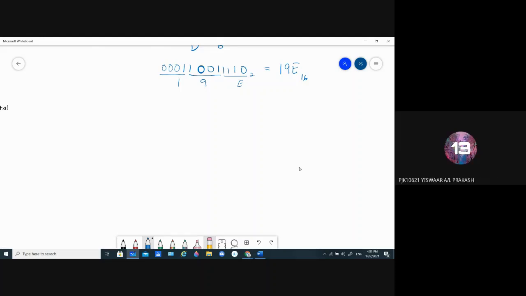Yes. Okay, let's do this example. 2478. Change this to a binary number. So what do we do? Let's just separate it out first: 2, 4, 7, 8.